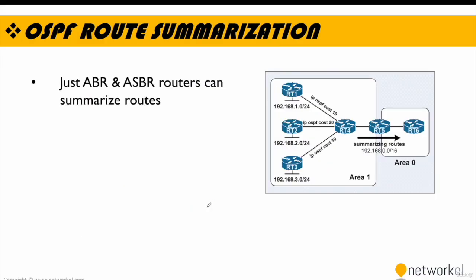So, OSPF route summarization, guys, is a technique used to aggregate multiple IP address prefixes into a single summarized route. This helps reduce the size of the OSPF routing table, decrease CPU and memory usage, and improve overall routing efficiency.